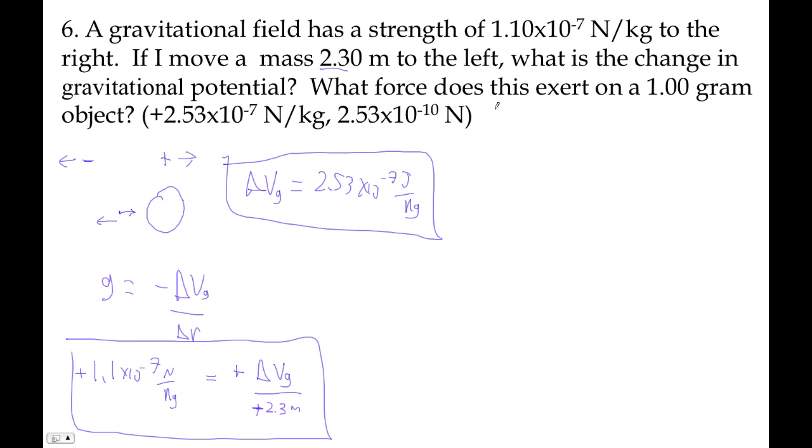All right, what force does this exert on a 1 gram object? Well, let's see, g is F over m. So 1.1 times 10 to the minus 7th newtons per kilogram equals force divided by 1 gram, which is 0.001 kilograms. I don't need to do that, do I?